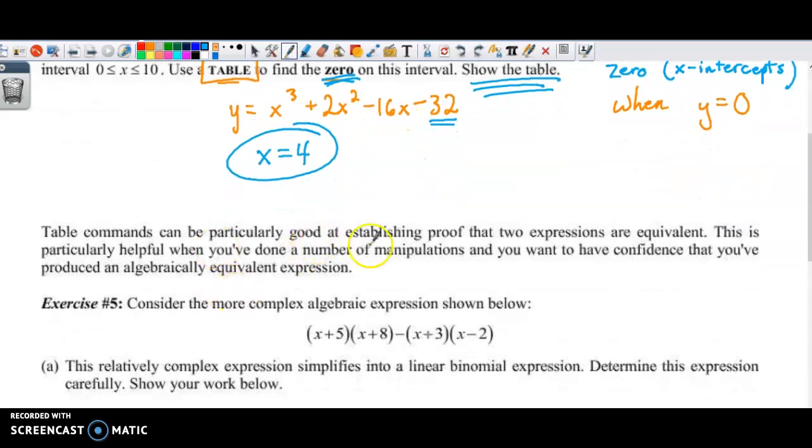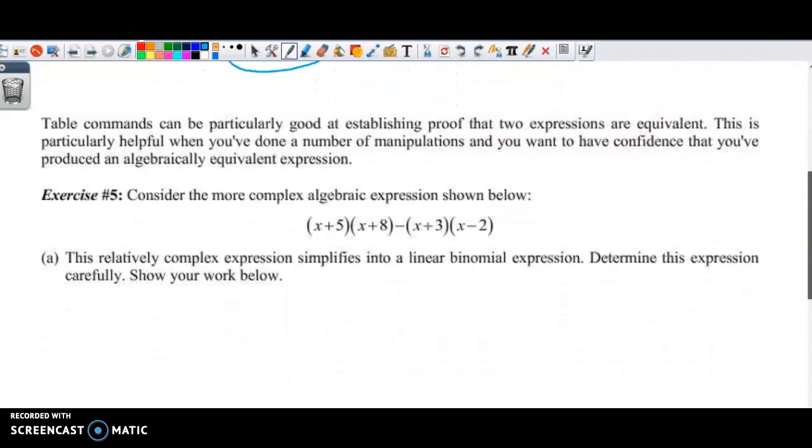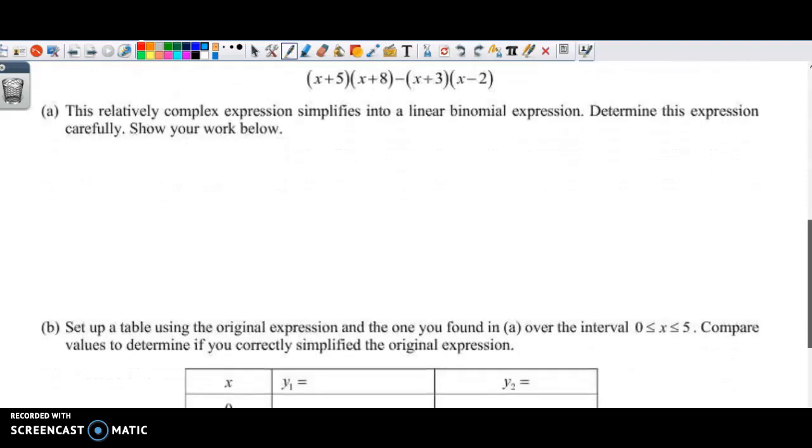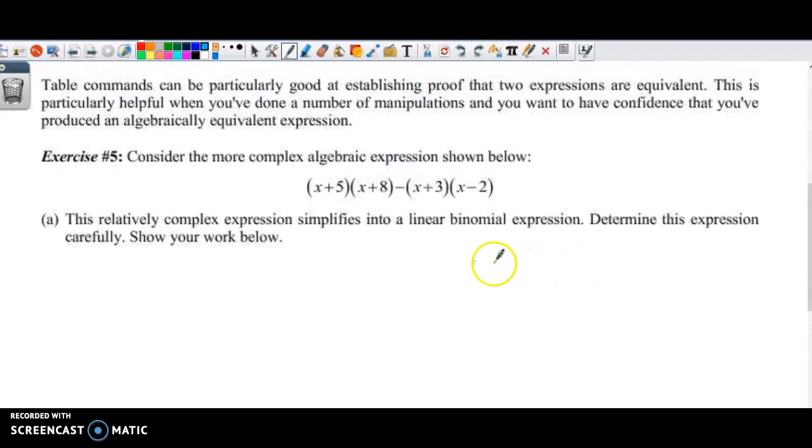Okay, so we can also use tables to establish a proof of some sort that things are equivalent. So what we could do on exercise 5 is we could actually multiply this out and simplify. So as I mentioned before, we have FOILed earlier. That would be x squared plus 8x.